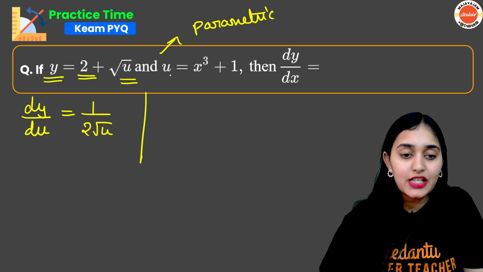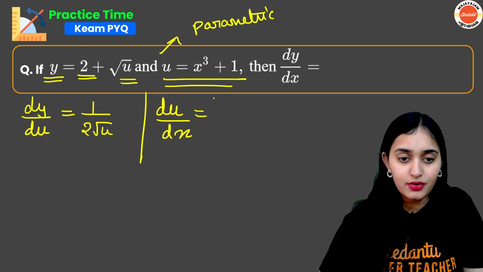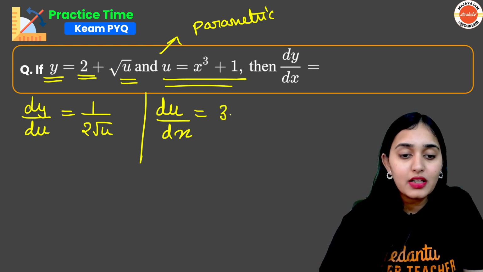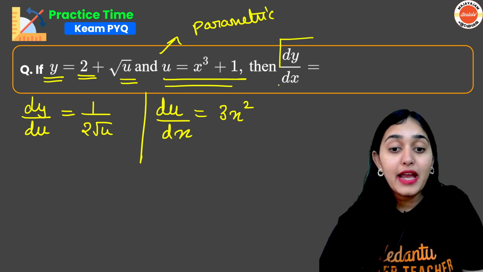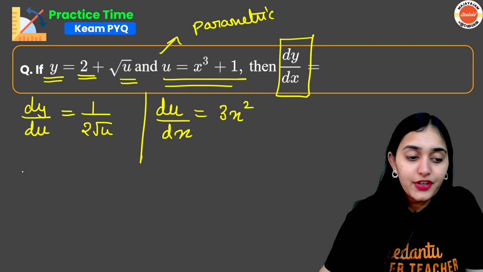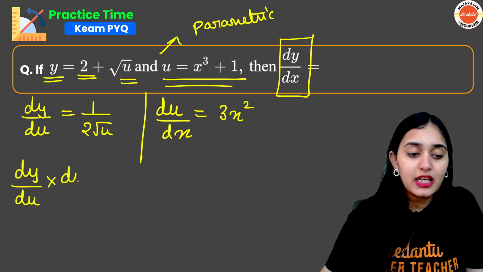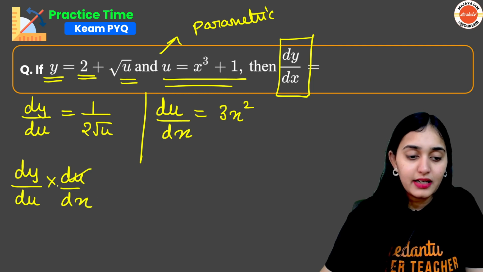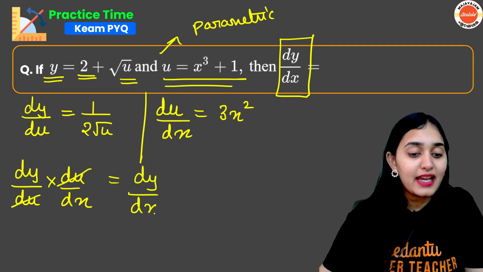Now similarly, let's differentiate this. Du by dx is equal to x cube differentiation is 3x square, 1 differentiation is 0. Now I want dy by dx. Now clearly, if you multiply dy by du with du by dx, du cancels, you will get dy by dx, right?